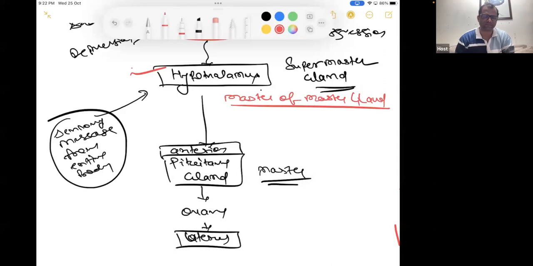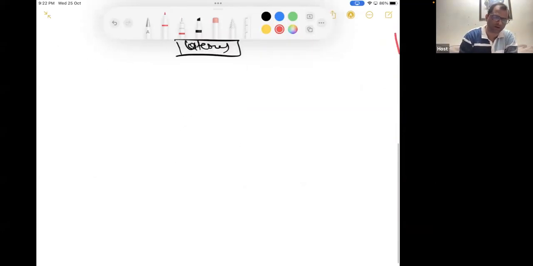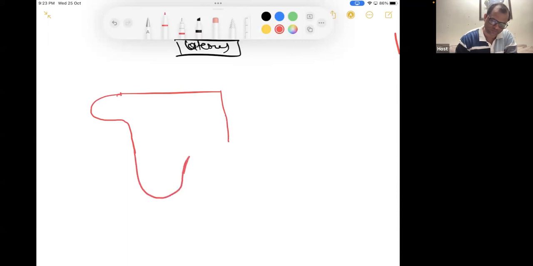So in this way, whenever we talk about the brain, suppose I would like to bring in the brain, this is the hypothalamus. Suppose I am making the hypothalamus, right? So this is the hypothalamus.